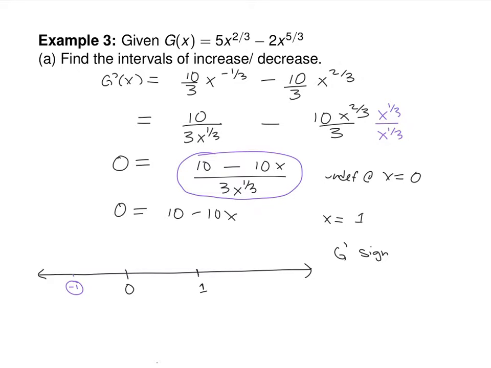So if you input -1, what's the sign of the numerator? And the denominator is negative. So overall, your derivative is negative on that interval, right?